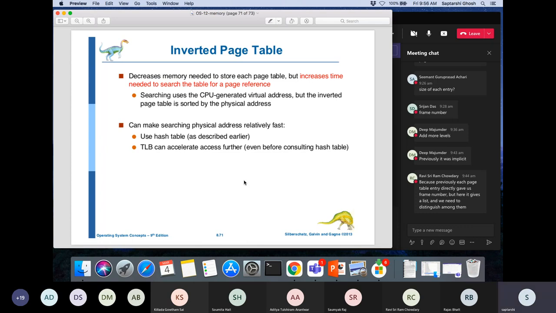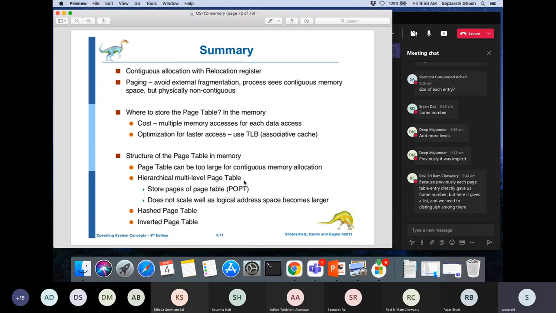Okay, that completes this chapter, but I need to tell you a few things about the next thing. So basically, this is a summary. We first studied contiguous allocation. Then we understood that it is simple, but there are problems like fragmentation, and dynamic increase of memory of a process is not possible, or is actually possible but very impractical.